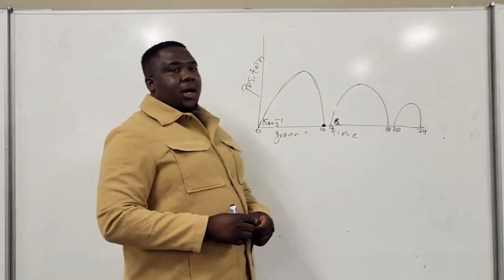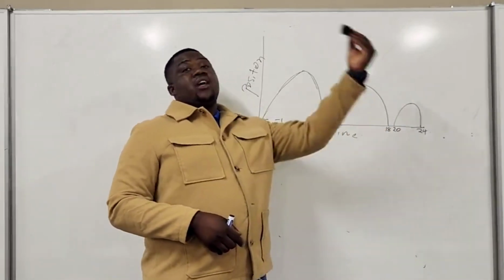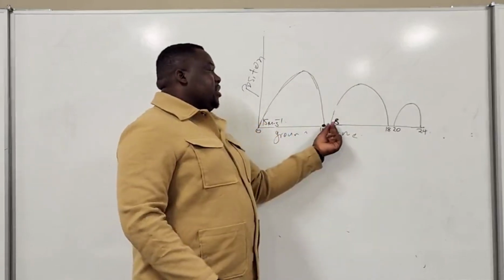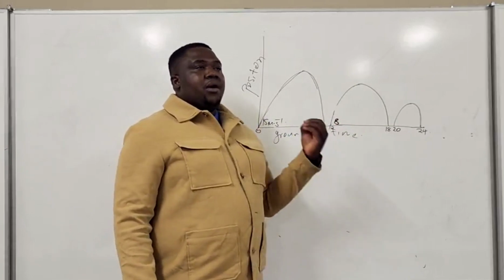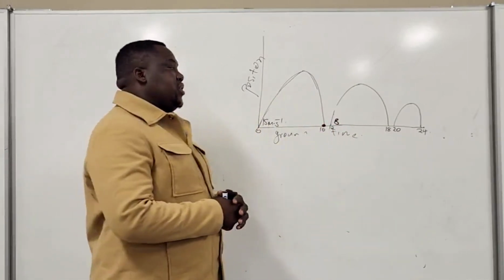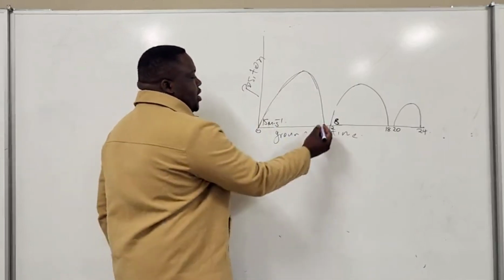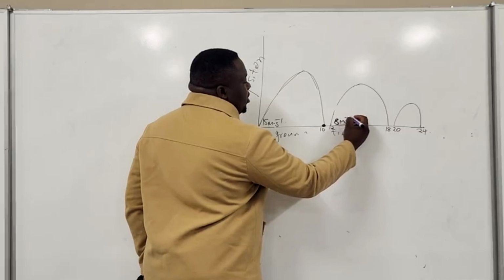So when we talk about a bounce, we're talking about when a ball touches the ground and returns back up. That's why I'm saying this is the first bounce, this is the second bounce. This ball only bounced two times. You understand? So we're saying that the ball bounced and returned back to the ground at 8 meters per second.